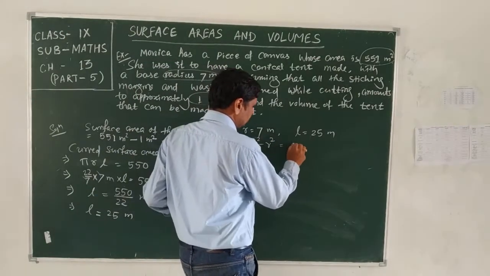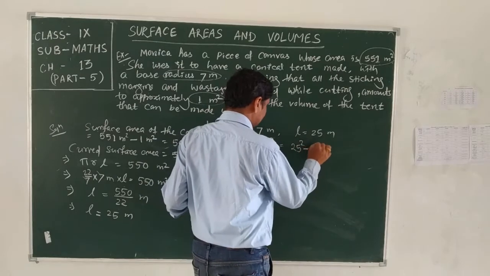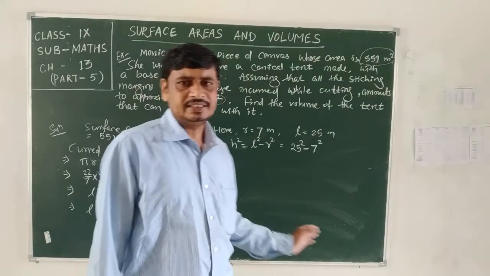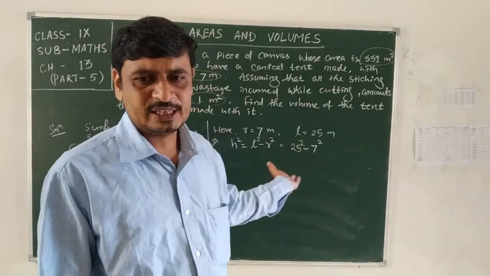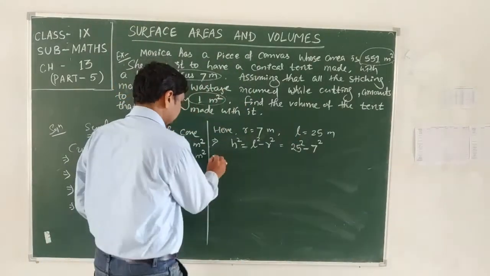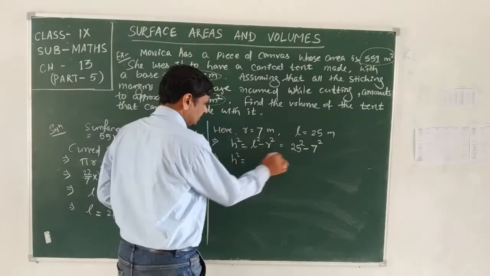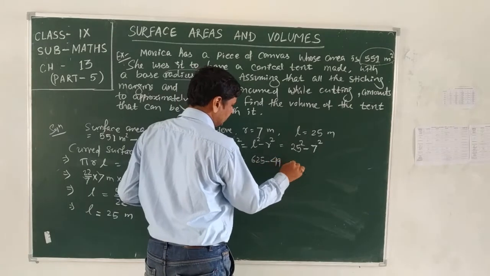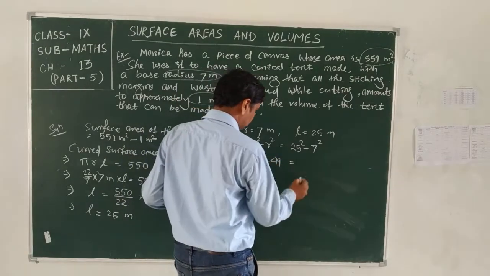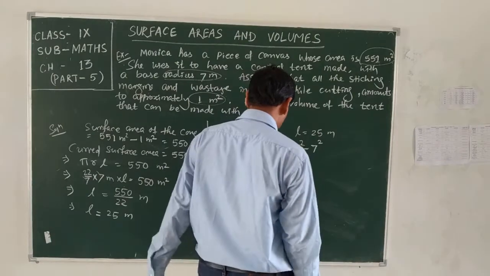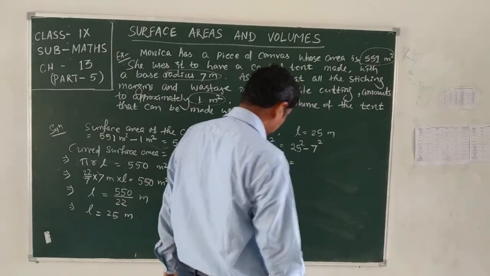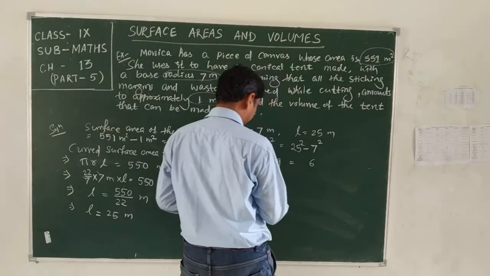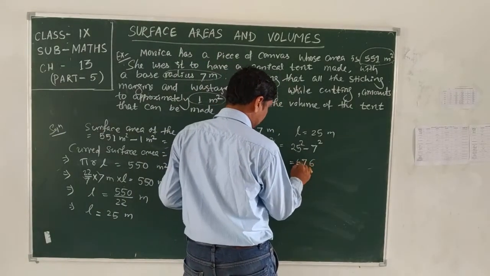That is 25 square minus 7 square. 25 square is 625 minus 7 square is 49 becomes 576.